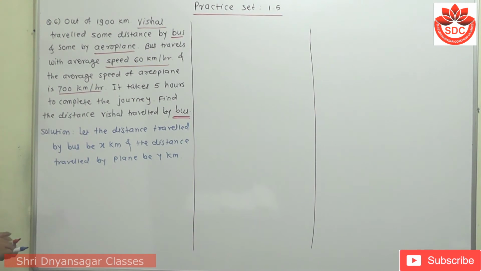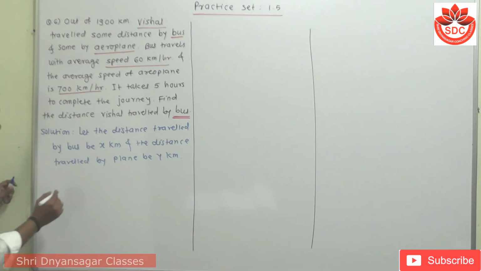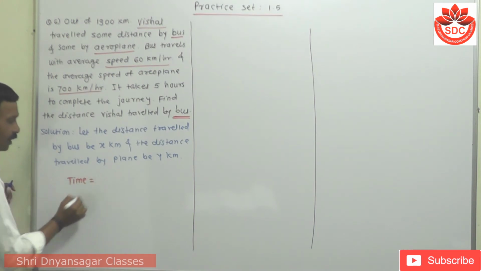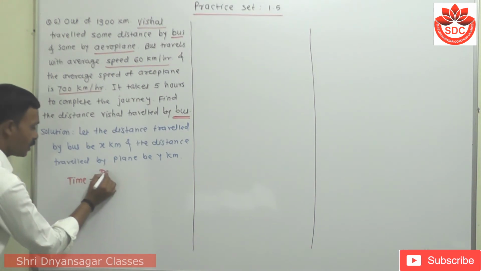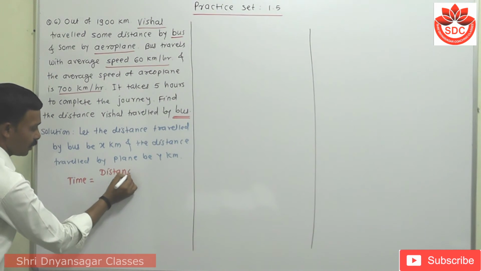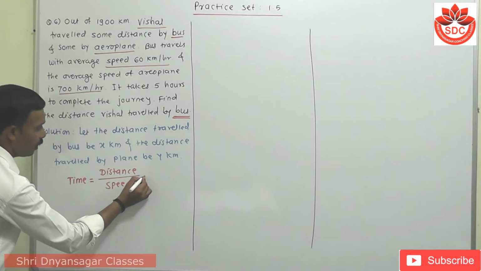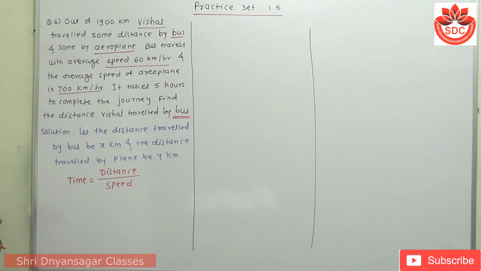Students, all of you know the formula, the time is equals to distance upon speed. Now we use this formula to solve the example.